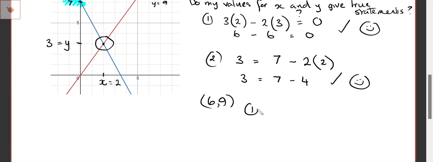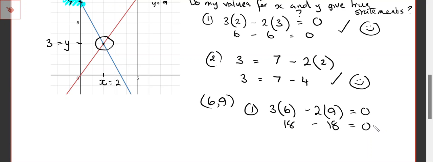Let's try it. In number 1 will be 3 times 6 minus 2 times 9 should equal 0. So that's 18 minus 18 is equal to 0, yeah, that's good. All right. But if I do it in number 2, it should be 9 equals 7 minus 2 times 6.